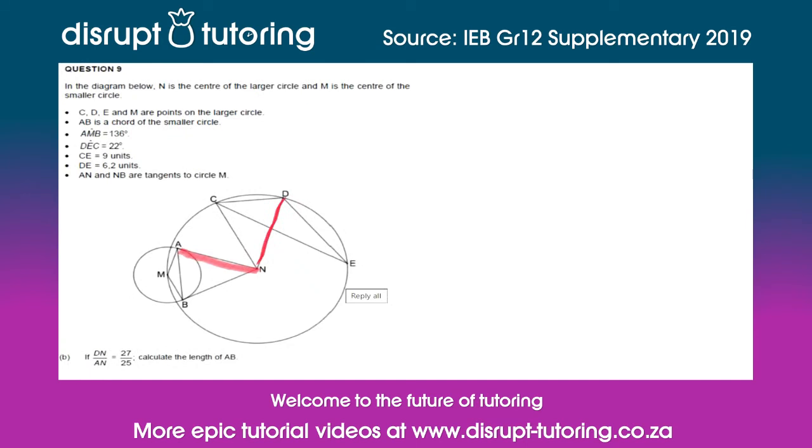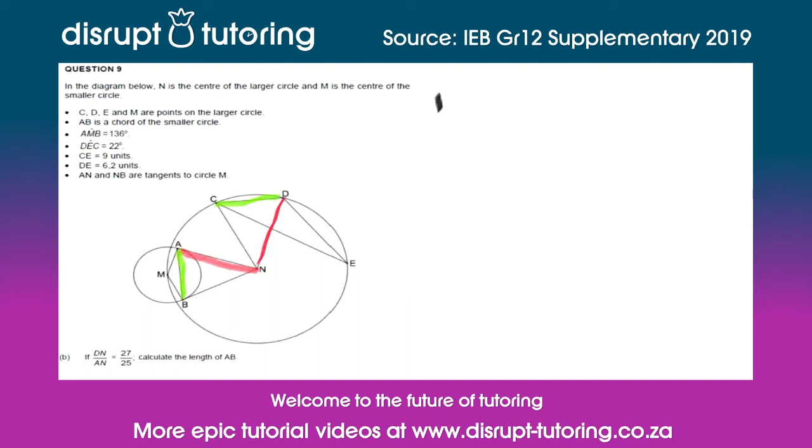So then we can conclude that because they are similar, this line CD is also going to be proportional to AB.